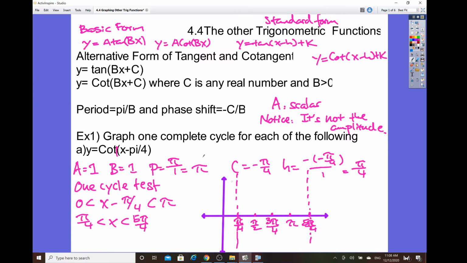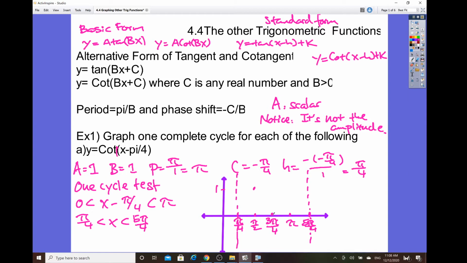The reason we just need one complete cycle is because the rest is all repetition. Back to the cotangent parent graph, we know that at the next position it reaches up to 1, since the scalar is just 1. It's just like cotangent of pi over 4, but shifted to pi over 2.